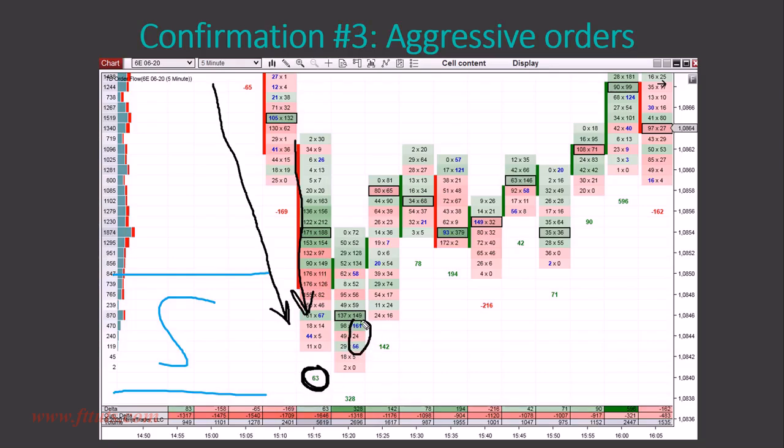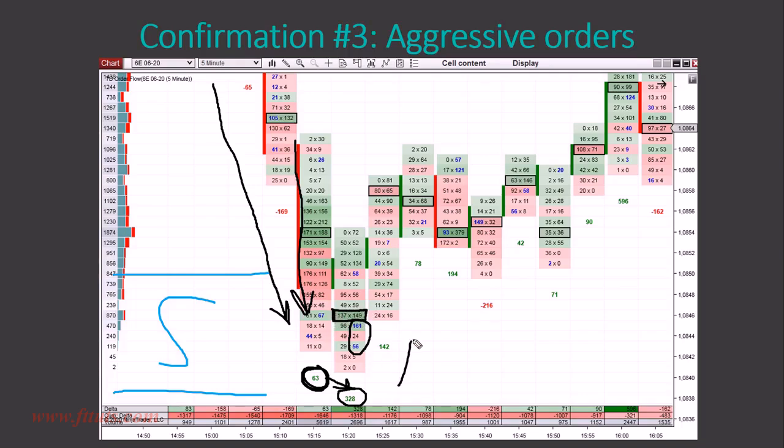Next important thing to notice, buyers start to jump in those imbalances and also positive delta. Way more positive than it was before, actually. So positive delta, and also this is the nice confluence of two confirmations.